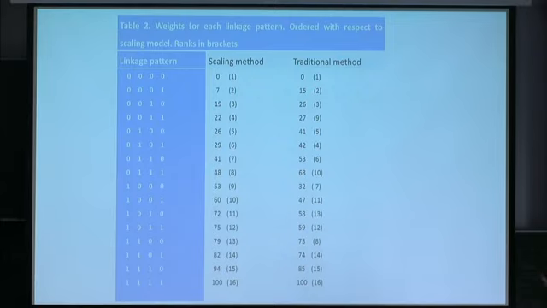For the traditional method and the scaling method, the linkage pattern 0, 0, 0 is identified correctly, as is the final one, and also the ones near that. There's some wobbling around in the middle, which is what you might expect, because there's an arbitrariness here. We're making some assumptions, and traditional PRL is making somewhat different assumptions, so you expect some variation, but this is reasonably encouraging, I think.